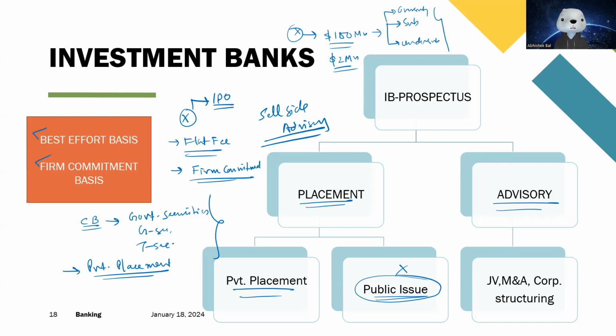Then the merchant bank, on the other hand, may also come in on a firm commitment basis. What is firm commitment? Well, let's again talk about the same IPO that company X wants to raise $100 million. And let's say that it has signed an exclusive mandate with investment bank A or a merchant bank A. This merchant bank A understands that the potential of this issue is much bigger than what the company is actually asking for.